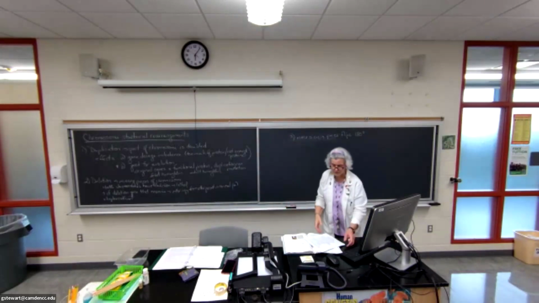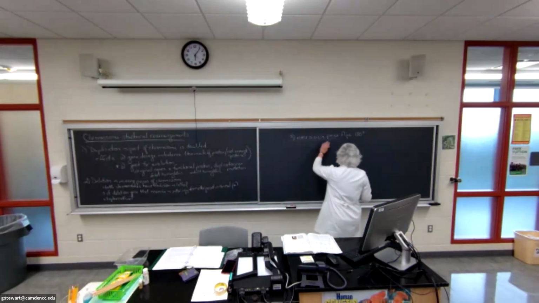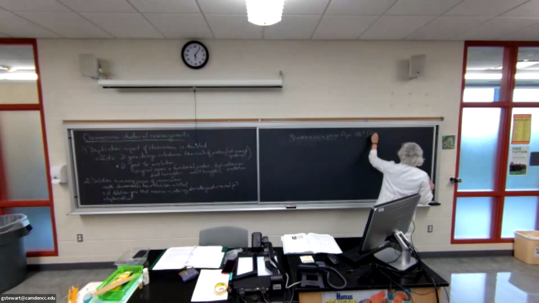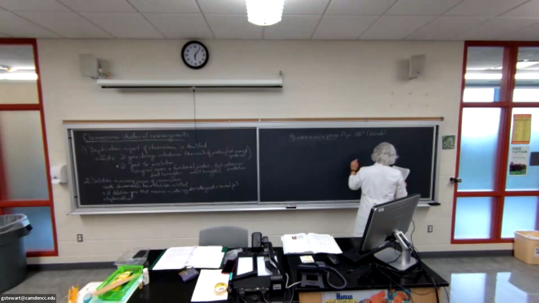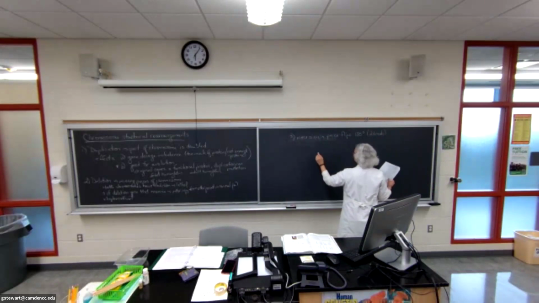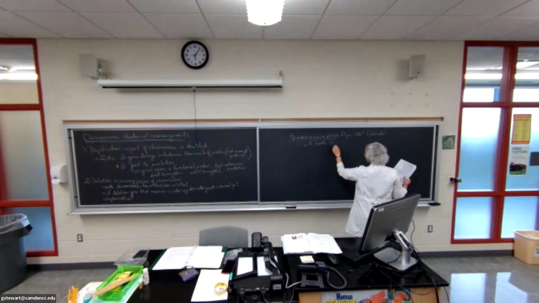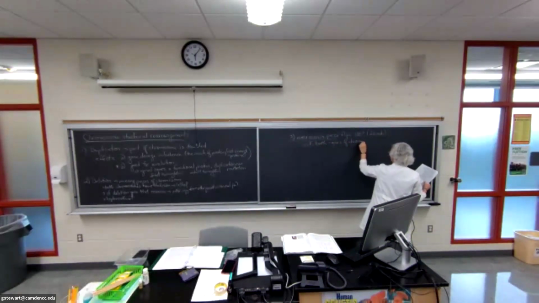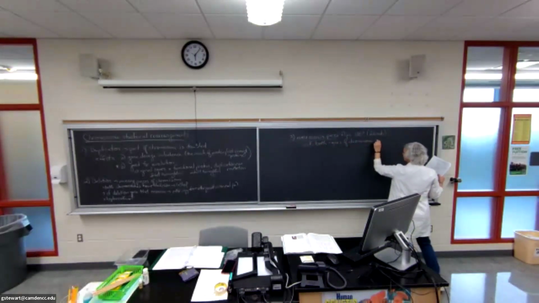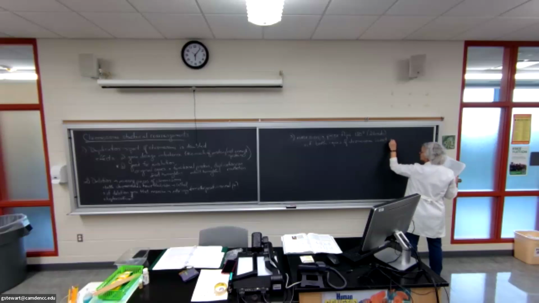Some more words for the inversion. Okay, so 2 breaks in order to flip 180 degrees. And if both copies of the chromosome invert, usually that turns out to be okay.